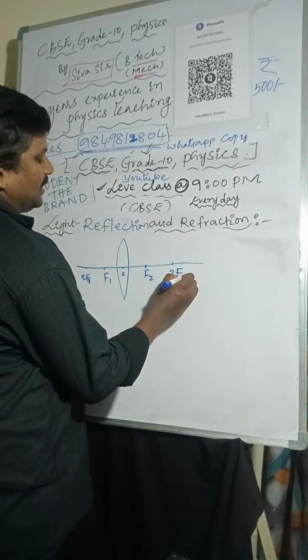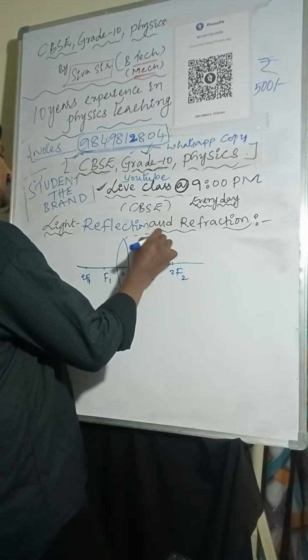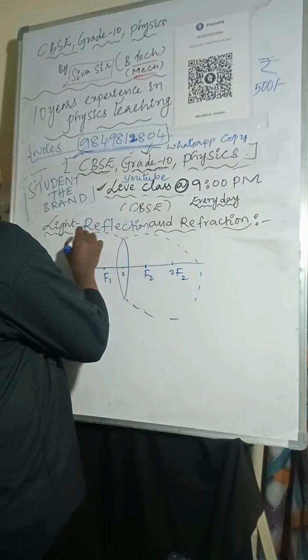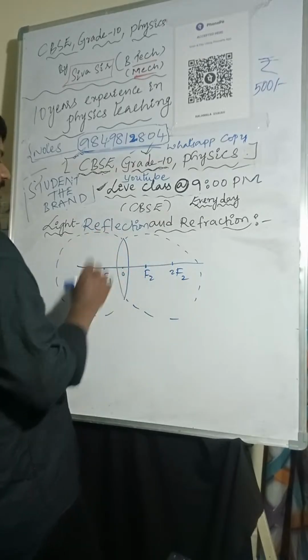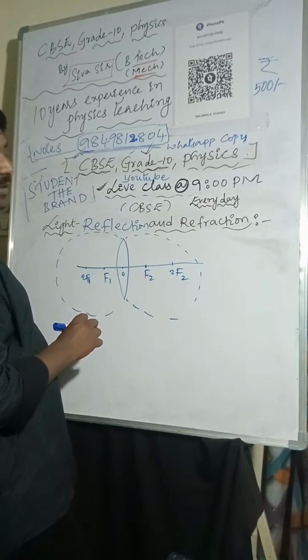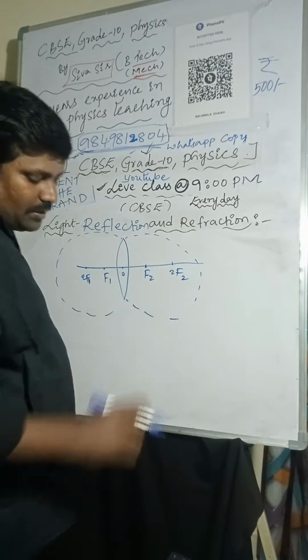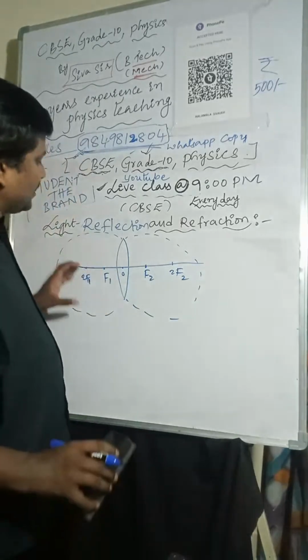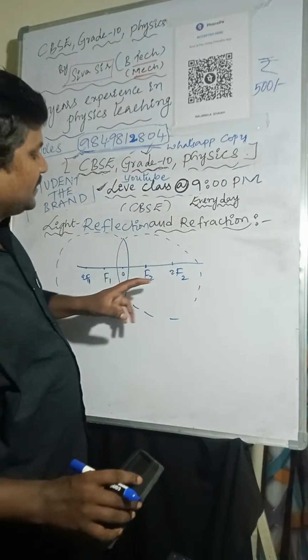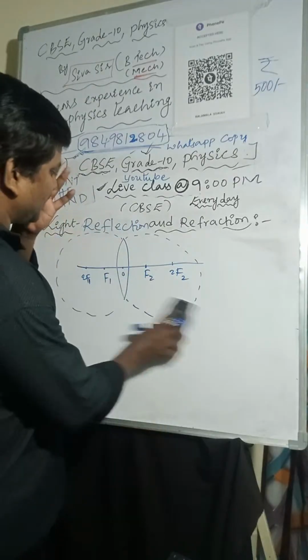It is a part of a sphere on this side, and here also it is a part of a sphere. For this side sphere there are F1 and 2F1, and for the other side sphere I'm considering F2 and 2F2.